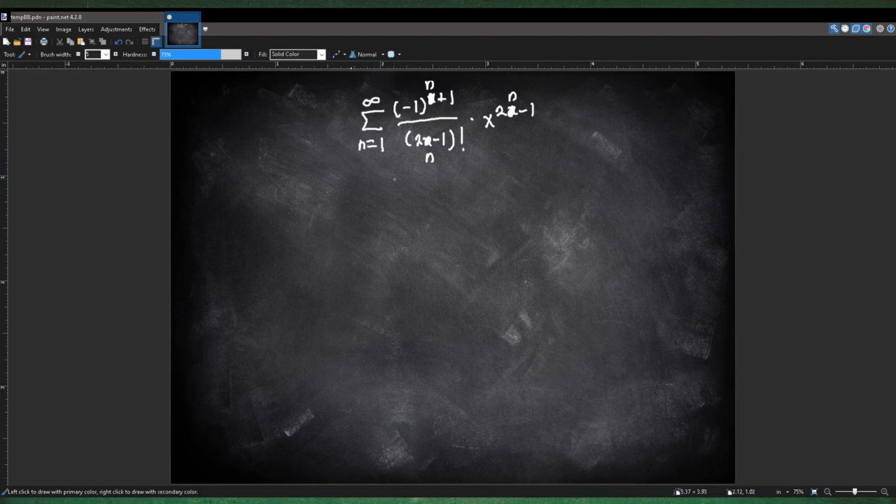And we don't need the summation, so we could just have -1 to the n plus 1 over 2n minus 1 factorial times x to the 2n minus 1. Sorry about that.